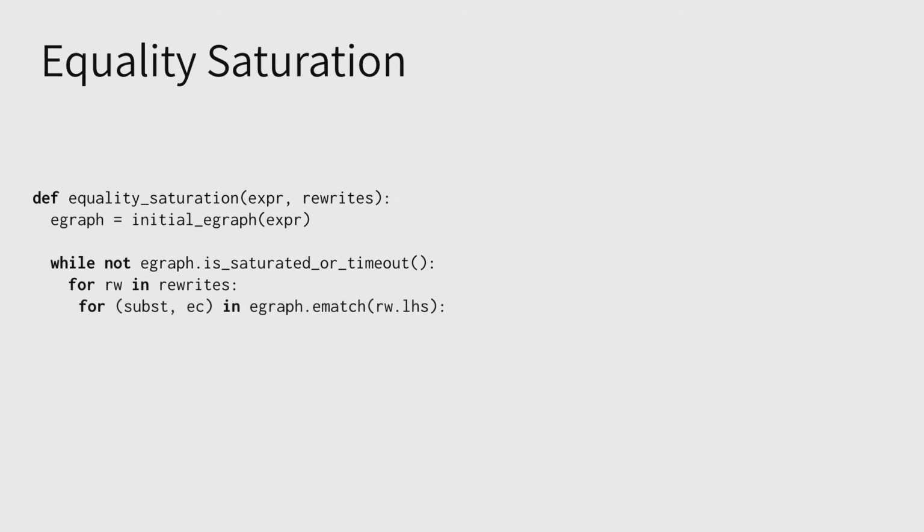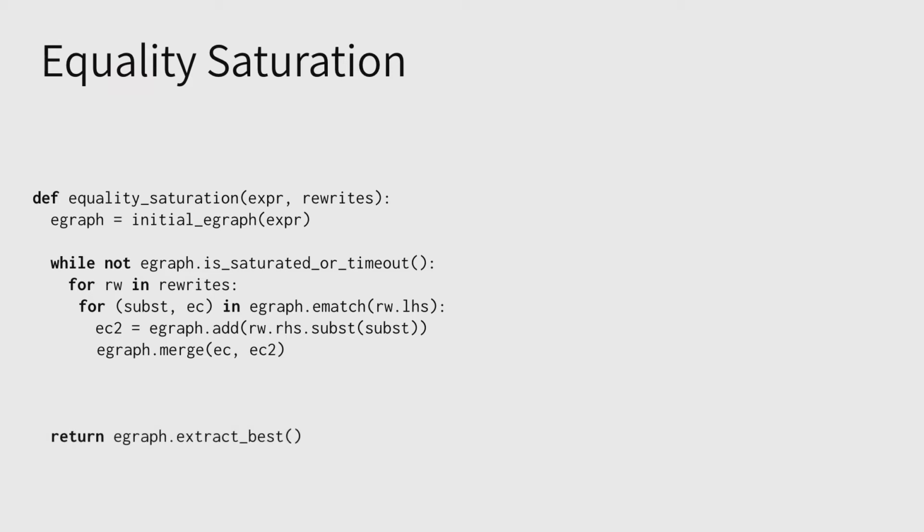That's going to give me a set of substitutions in the e-class that the pattern matched at. Then for each of those, I'm going to instantiate the right-hand side with that substitution to get a fresh e-class. And then I'm going to ask the e-graph to merge those two e-classes. And I'll do that until saturation or timeout, and then I return the extracted thing.